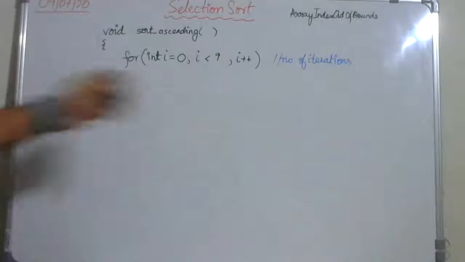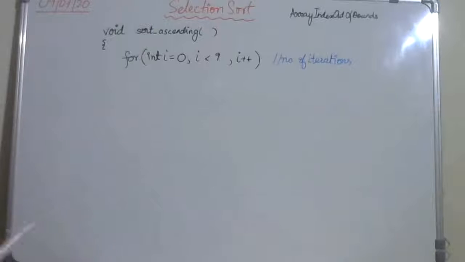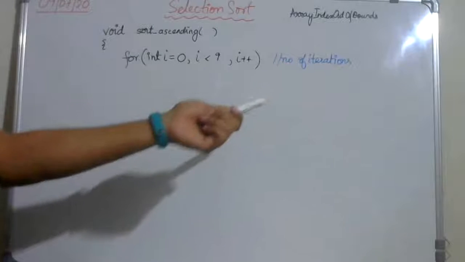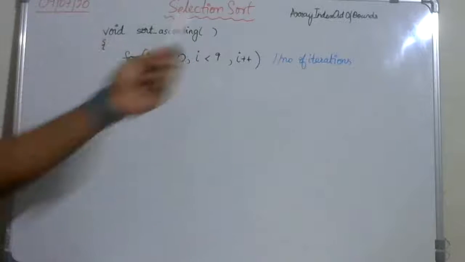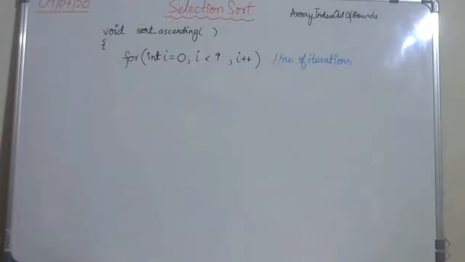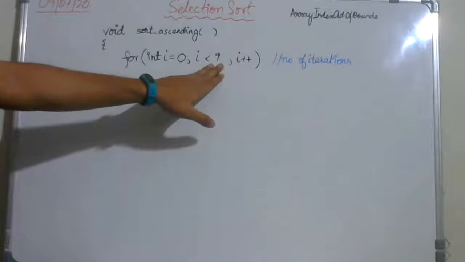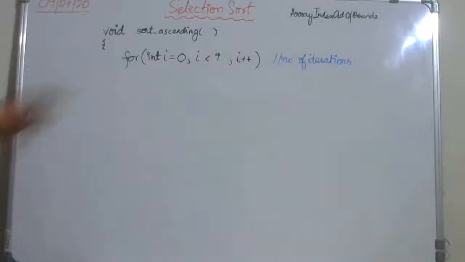This particular loop controls the number of iterations. And as I told you, the first point that you had to remember is the number of iterations will be 1 less than the size of the array. So I runs from 0 up till less than 9.